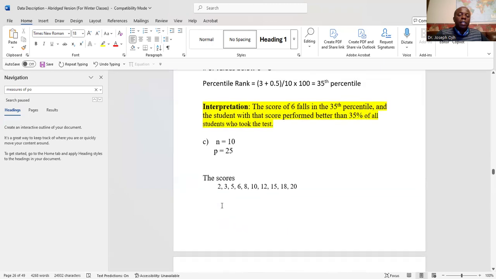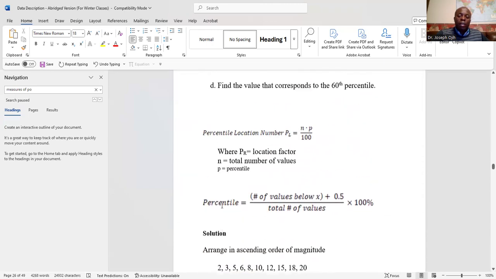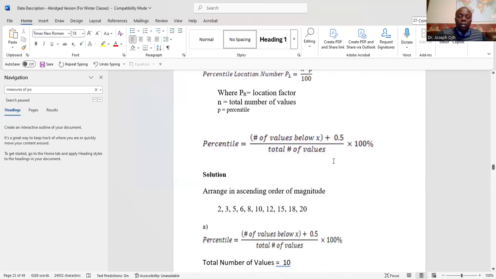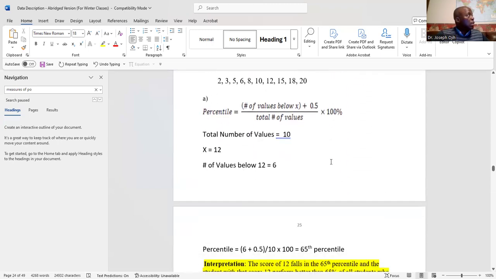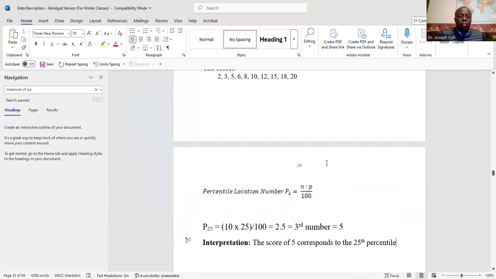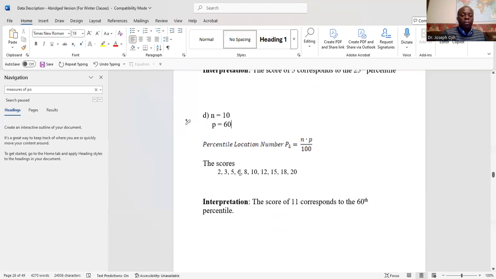Now, let's see a situation where we don't have a decimal. Find the value that corresponds to the 60th percentile. So in this case, n is 10 and p is 60. You're looking for the value that corresponds to the 60th percentile.